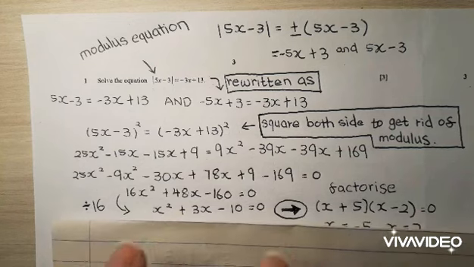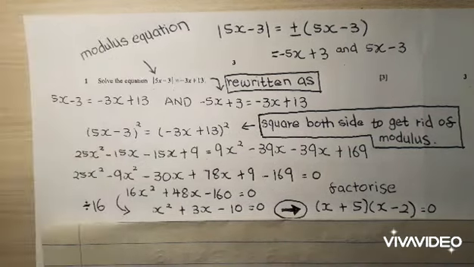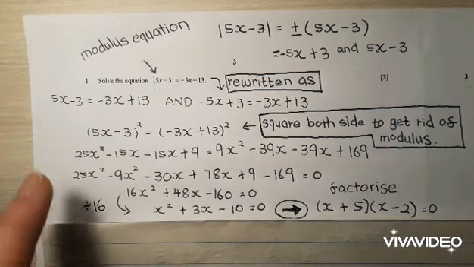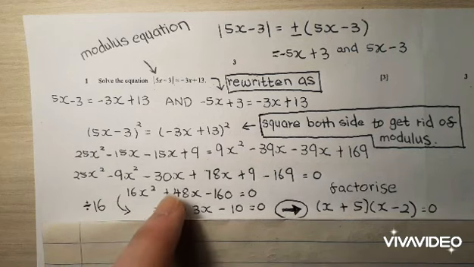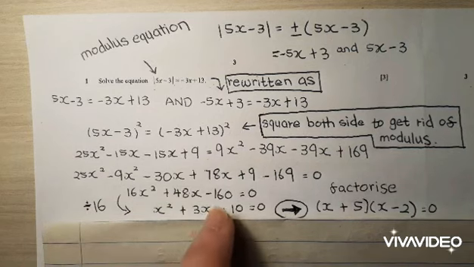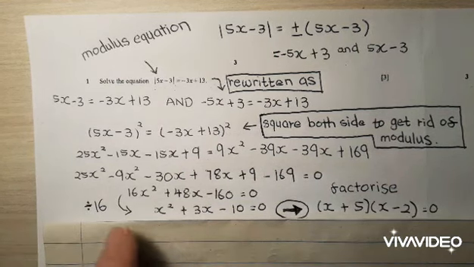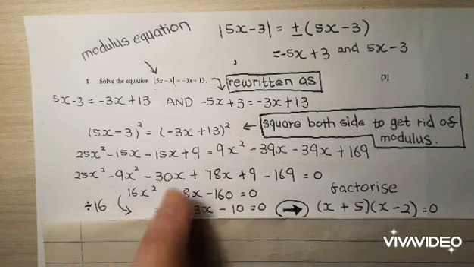In this case, I divide my equation by 16 because I want to get rid of the 16 at the front of this x squared. So 16 divided by 16, you get 1. And 48 divided by 16, you get 3, and negative 160 divided by 16, you get negative 10. And then you get this really simple equation, x squared plus 3x minus 10 equals 0.